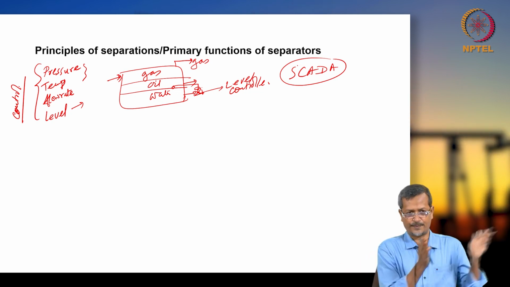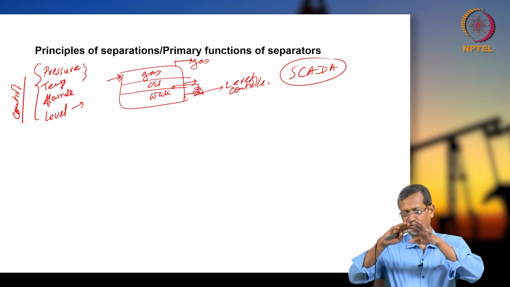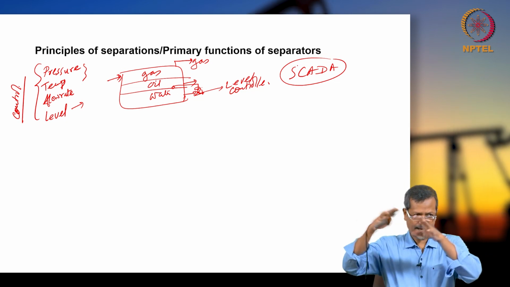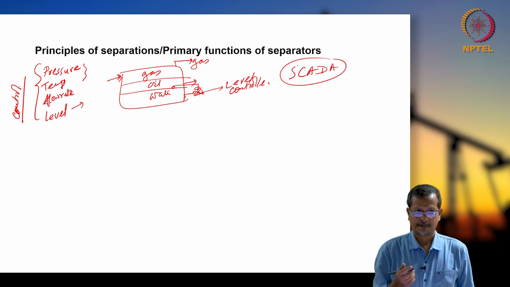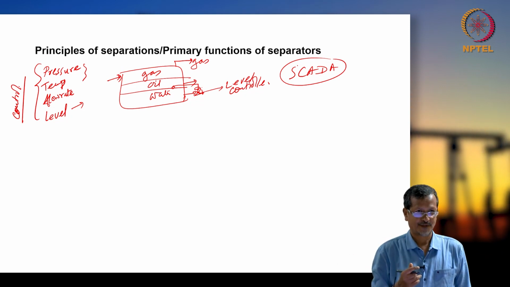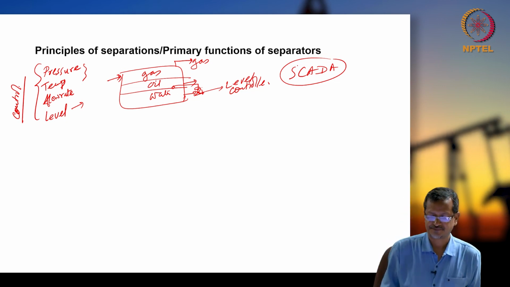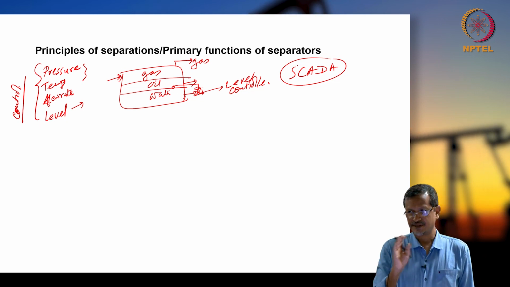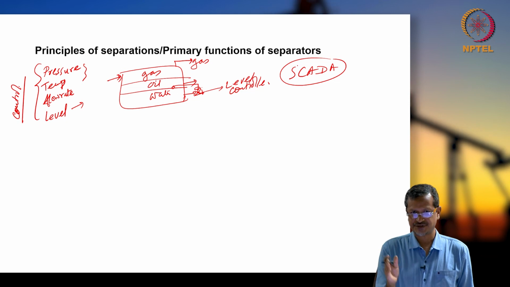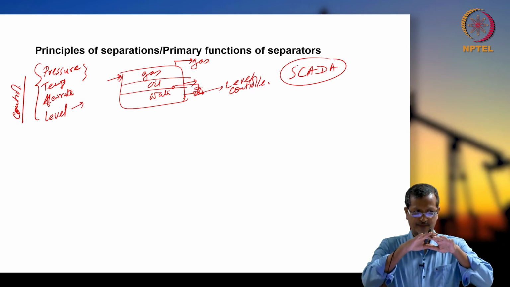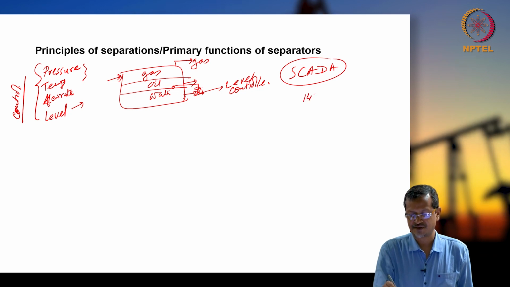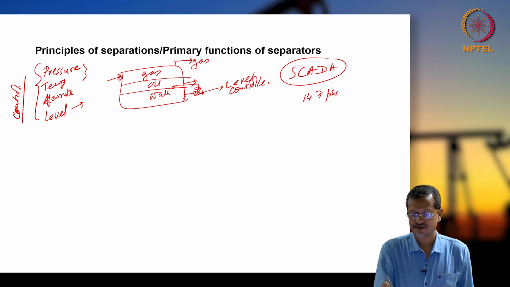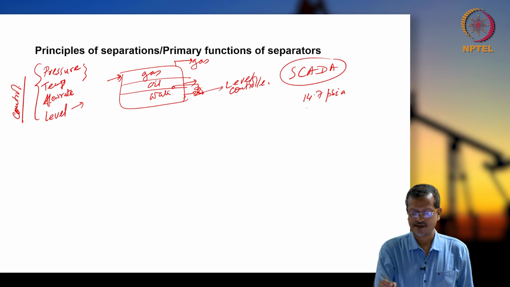When you separate, then after separation you are storing in a storage tank. So in the storage tank, it will be working at atmospheric pressure. Atmospheric pressure means normally your standard condition, you assume 14.7 psia and 60 degrees Fahrenheit.